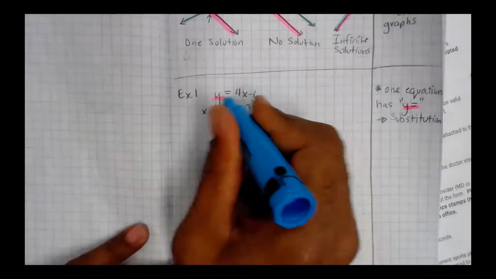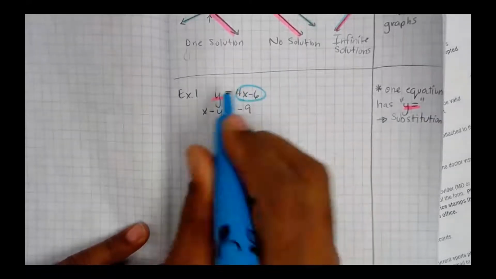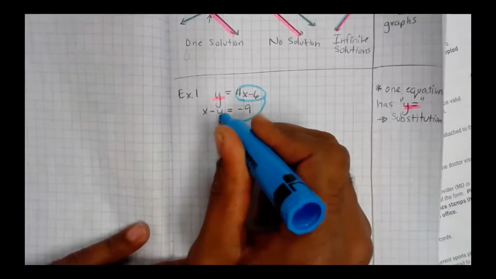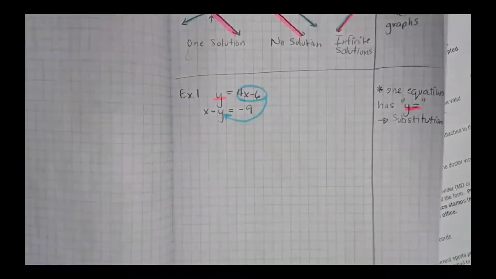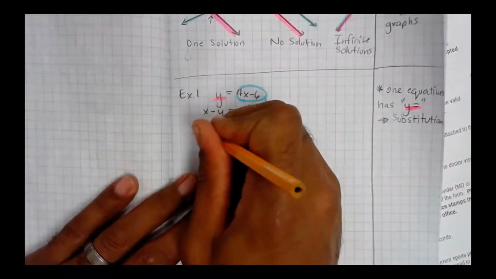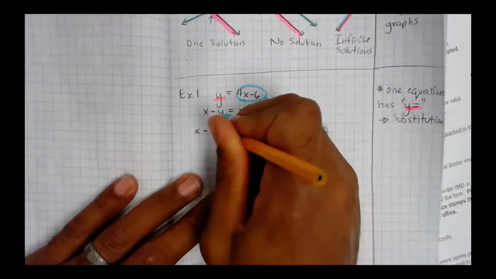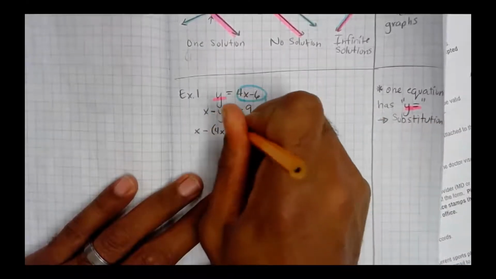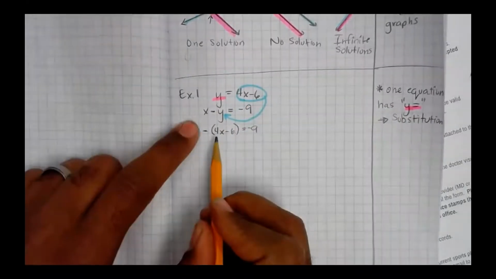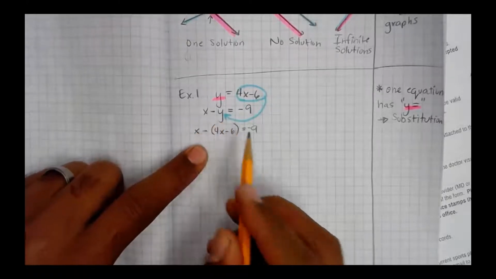Okay, so now this part to the right, that equals y. So that's where we're going to plug it in. We're going to plug it in right here to y. So now we have x minus, I'll put parentheses there, and then the 4x minus 6. Now you got to remember that there's actually a number right in front of that y.